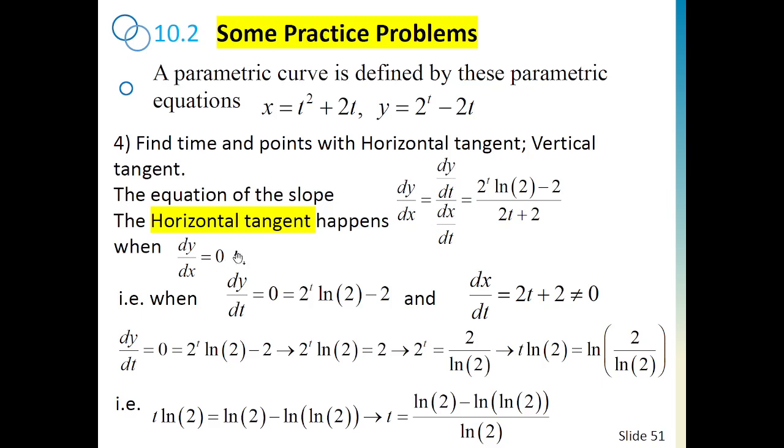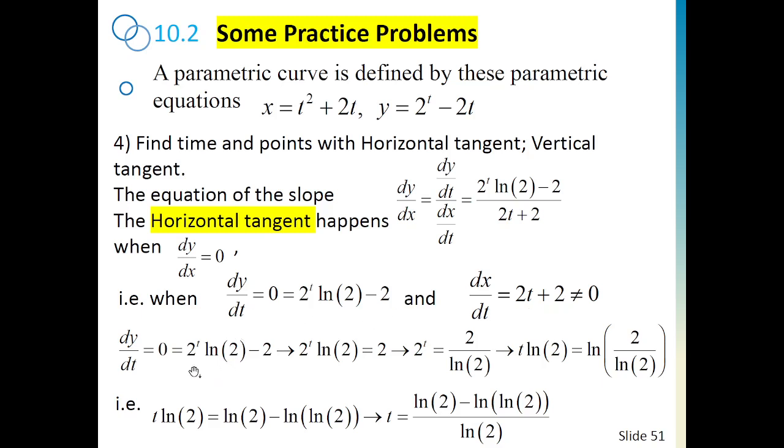So we need to figure out when dy/dt is 0. We have the expression for dy/dt here. It needs to be equal to 0, so we need to solve. And for the same value of t, dx/dt shouldn't be 0. Well, we see that dx/dt is 0 only when t is -1. So as long as we are not at -1, we are fine.